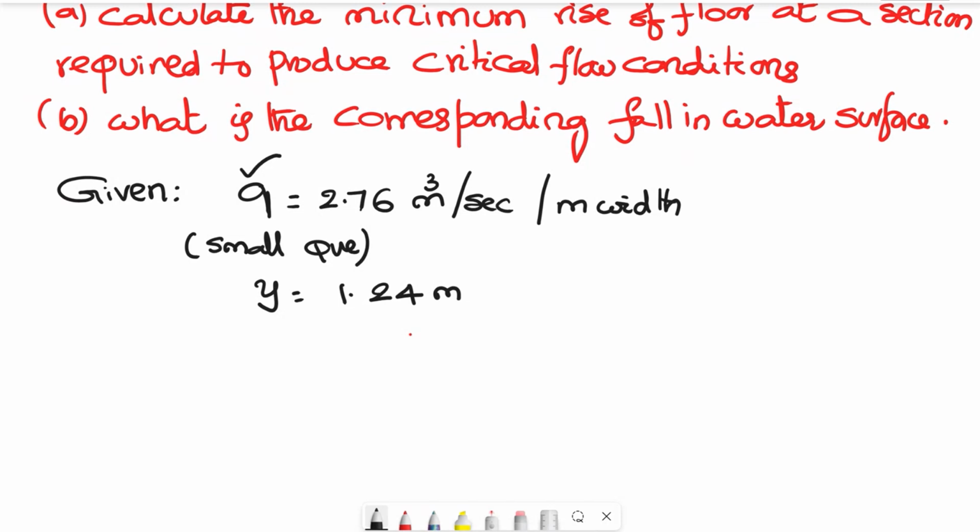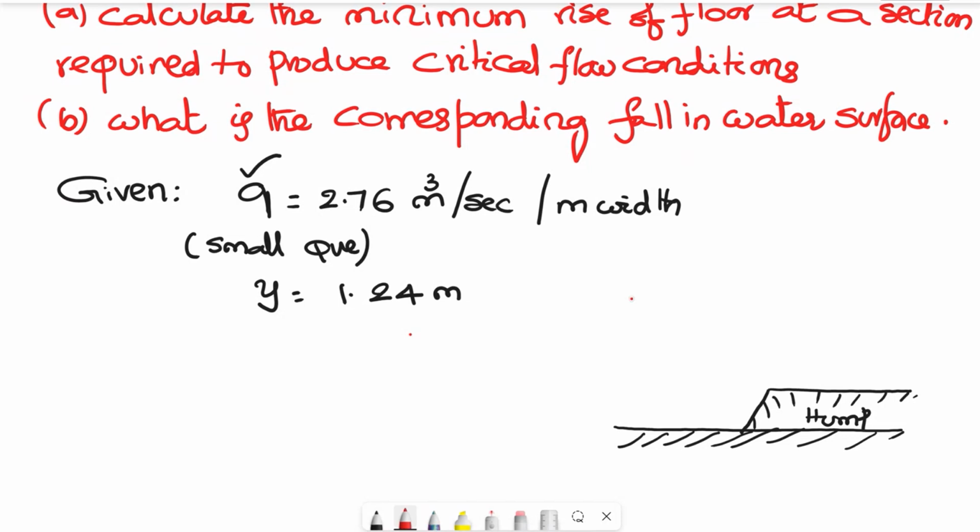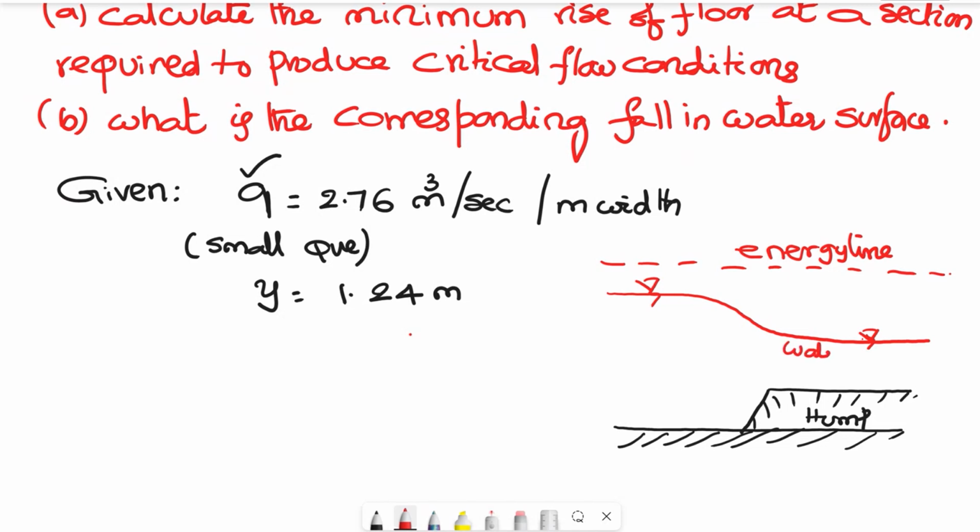For example, I choose like this. Suppose this is the channel bed and this is the hump. So this is the hump, right? For example, this is the water surface, and this is the energy line, straight, and this is the water surface.